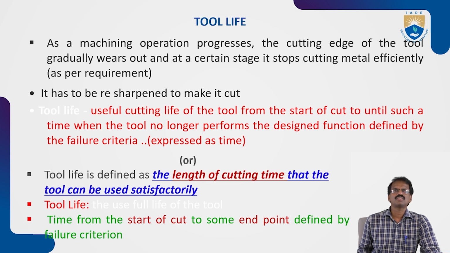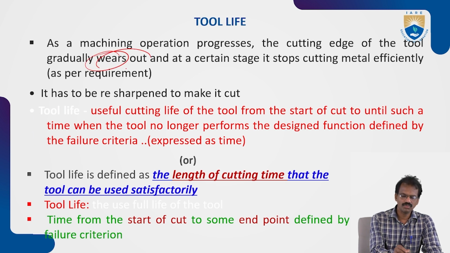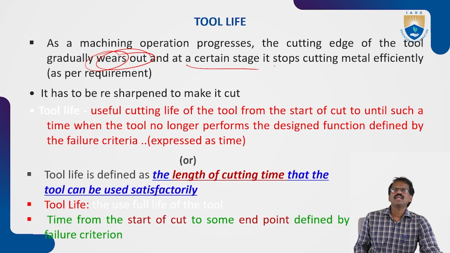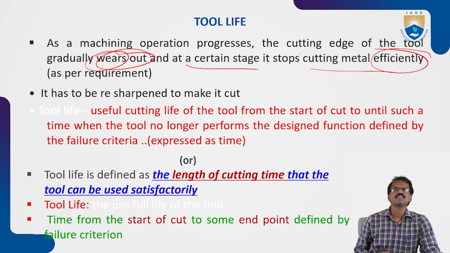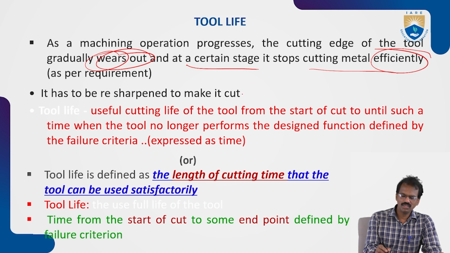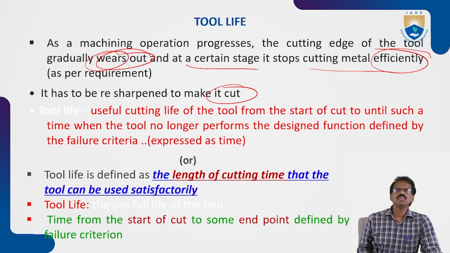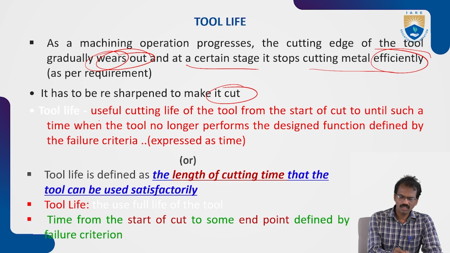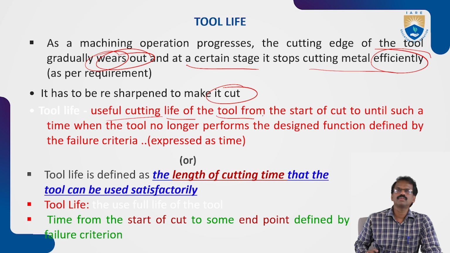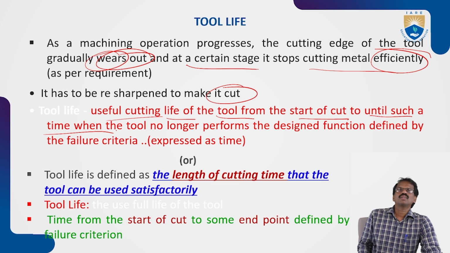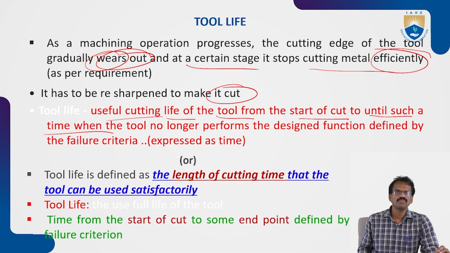As the machining operation progresses, the cutting edge of the tool gradually wears out, and at a certain stage it stops cutting metal efficiently as per the requirement. So it has to be resharpened to make it cut. Tool life is the useful cutting life of the tool from the start of cut until such a time when the tool no longer performs the design function defined by the failure criteria.